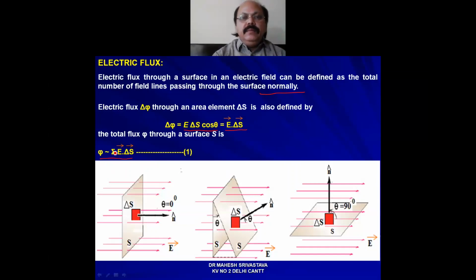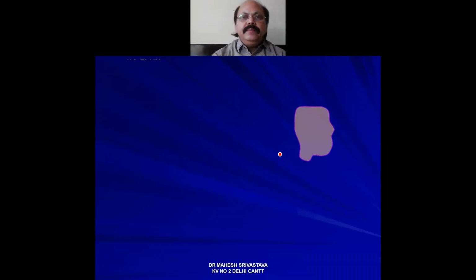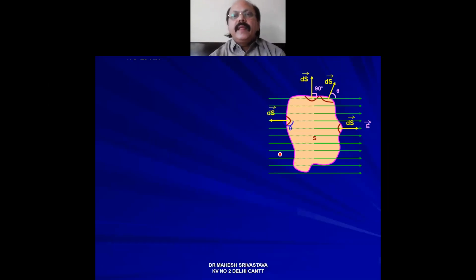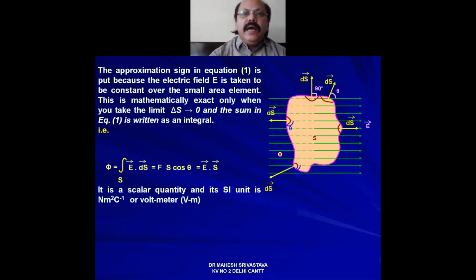So you understand this one like that. Now here we are taking approximation sign in equation 1 because the electric field here we have taken a constant over a small area element.